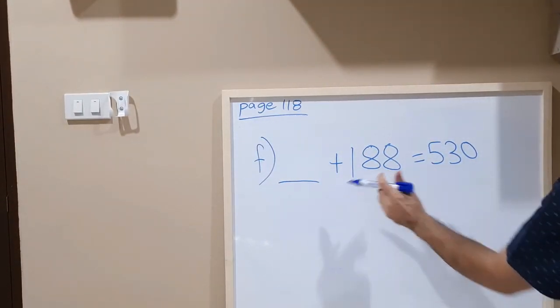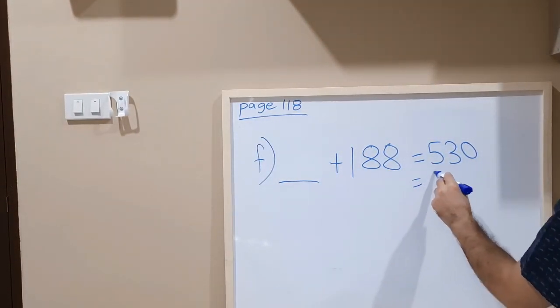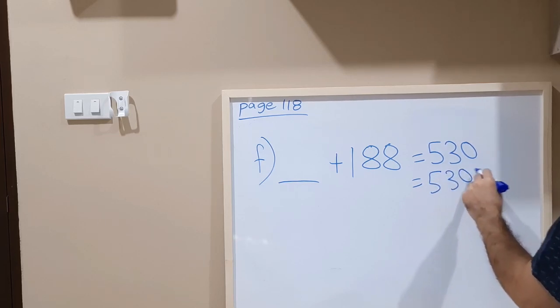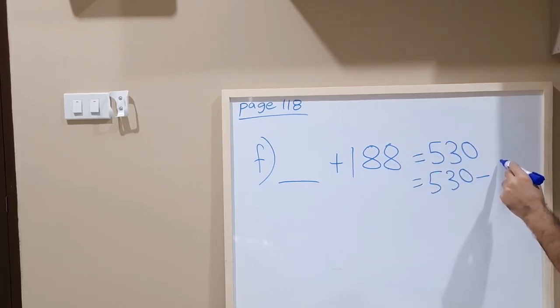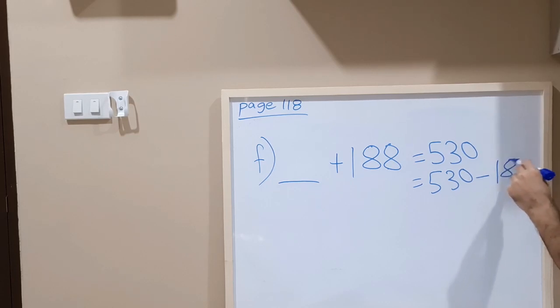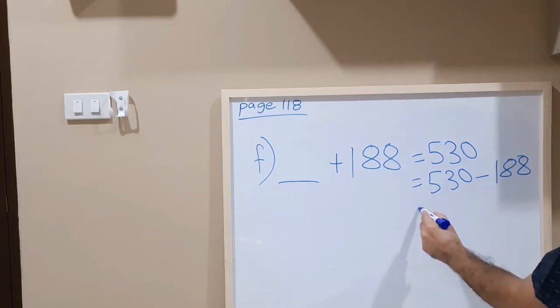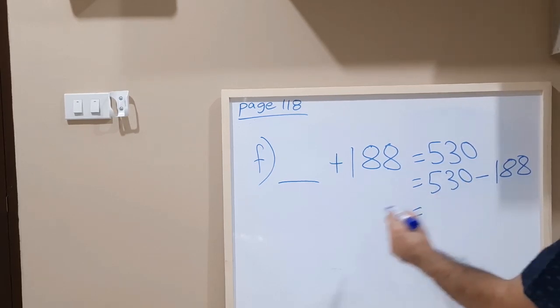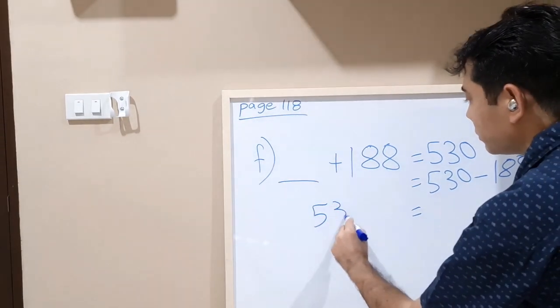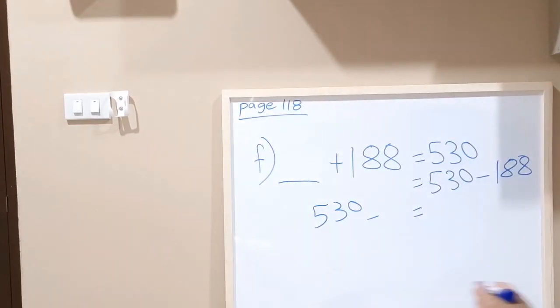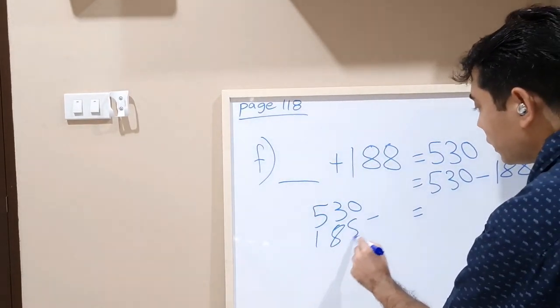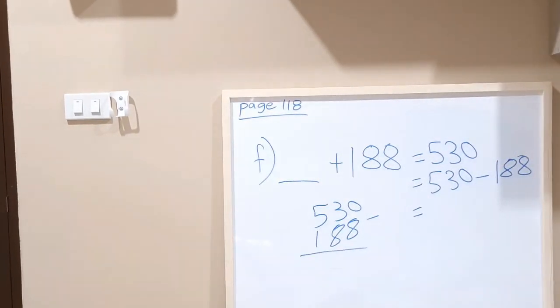So this one, we will put it here. So 530 minus 188. So let's try finding the answer. 530 minus 188. Okay.